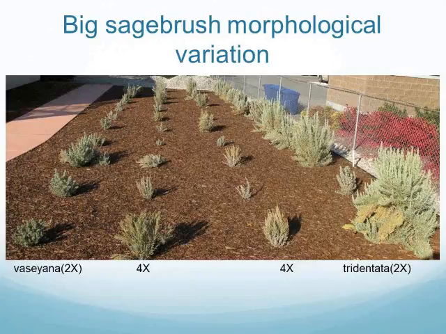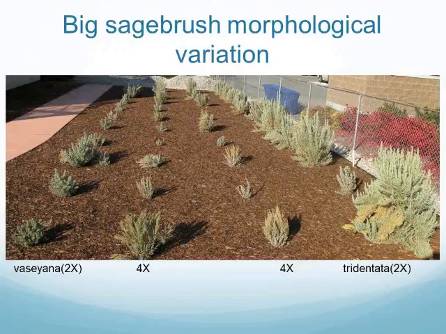This is a demonstration garden we have in Provo. We're taking one plant from each of our seed sources for a common garden and planting them out according to subspecies. So we have vaseyana here on the left side and our tridentata subspecies on the right. And in the middle, we planted all our tetraploids.